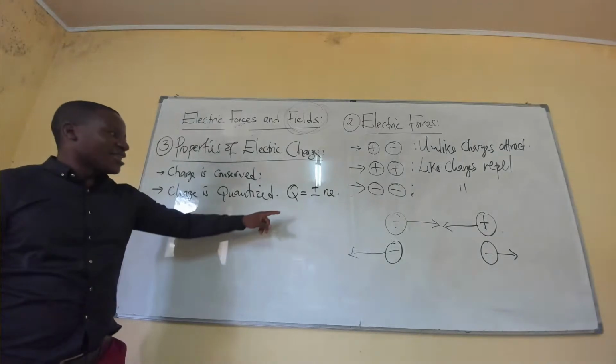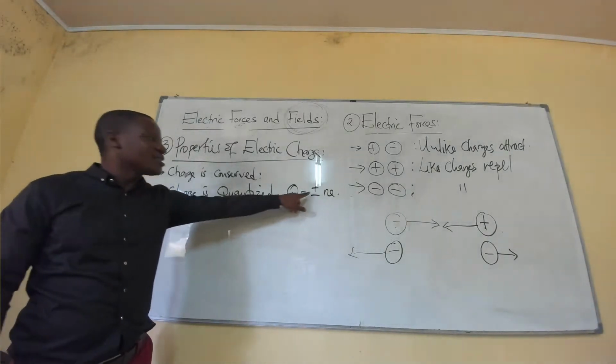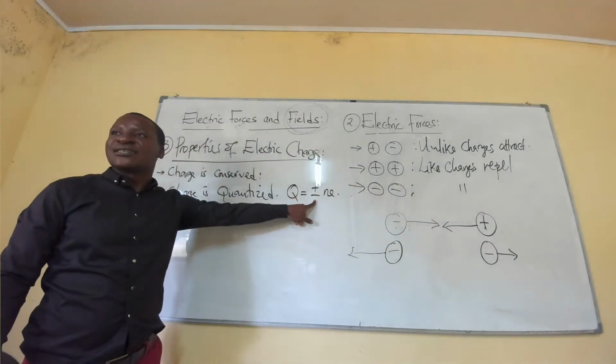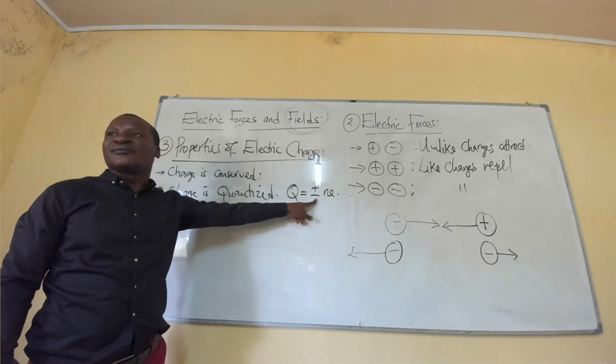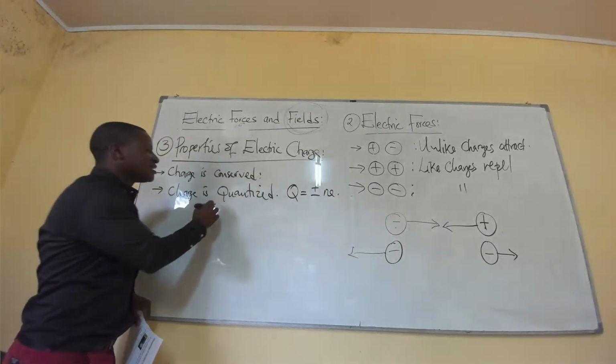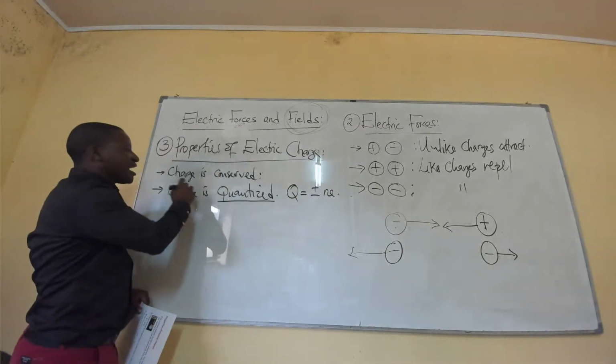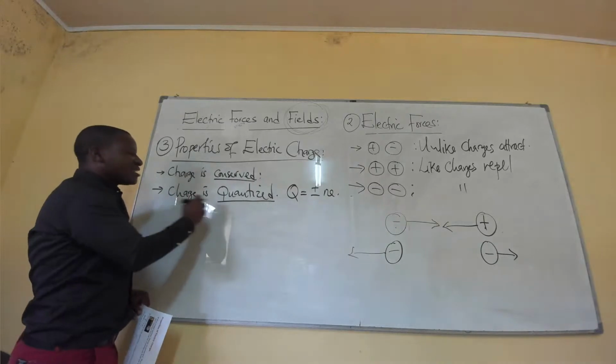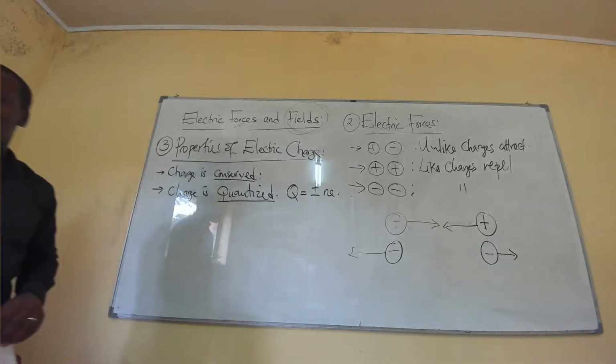In other words, the charge can either be positive or it can be negative. This is what we mean. So charge can either be positive or negative. Hence, it is quantized. So charge is conserved. Charge is quantized. That is number 2.